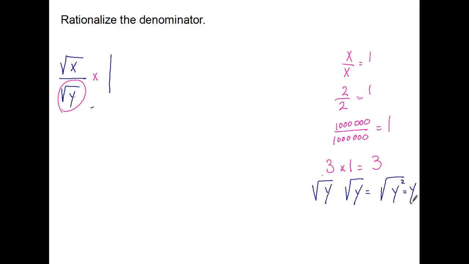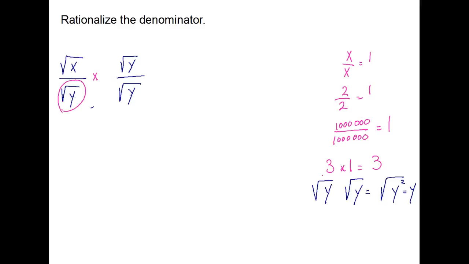So if I multiply that bottom by the square root of y, it will take care of that root for me. But I need to do the same at the top, because the square root of y divided by the square root of y is a 1. So if I multiply this whole fraction by 1, I haven't really changed the value of the fraction.